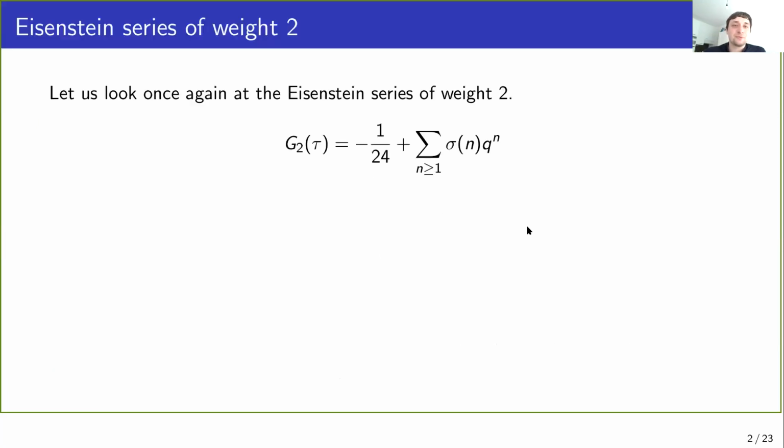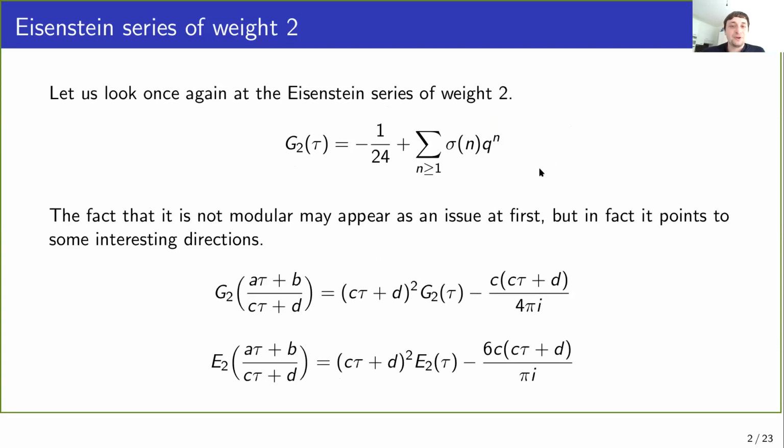So let's look back at the Eisenstein series of weight 2. If you remember, it's given by this q-series. It's, more or less, a generating function for the divisor sum function, plus this -1/24 as a constant term to make it modular. Well, to make it not quite modular. The thing with the Eisenstein series of weight 2 is that it's not modular, but it's really close.